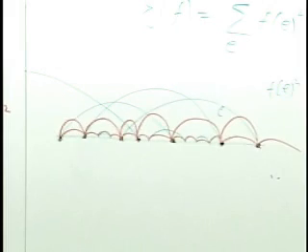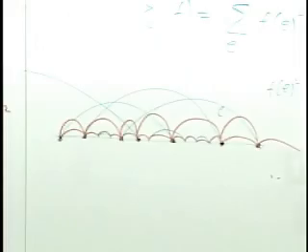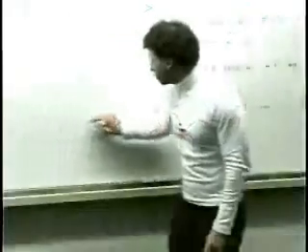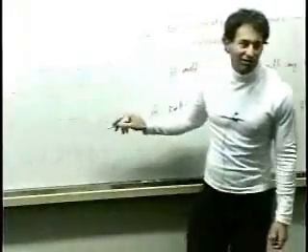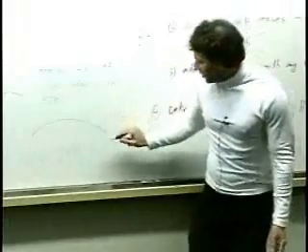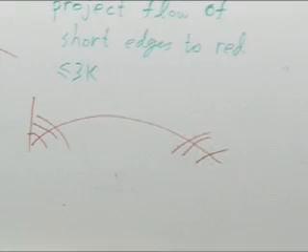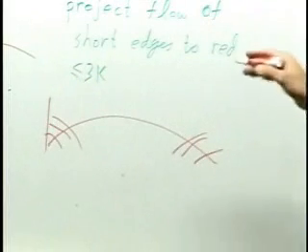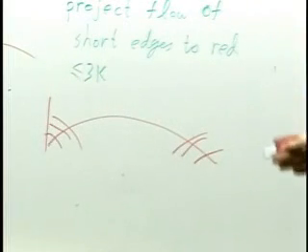Now, if you have some green edge which is large, then you can't have too many things coming into it from this side or from this side because of the complexity. You can have at most k on each side, and this means that in the new setup it's going to be shorter.